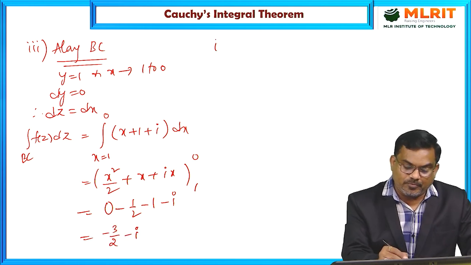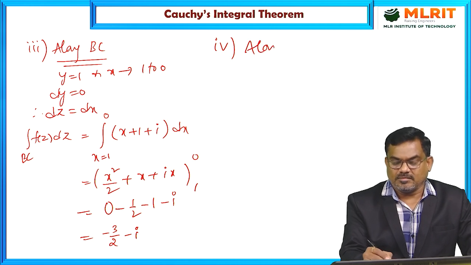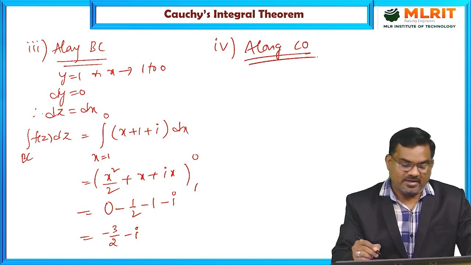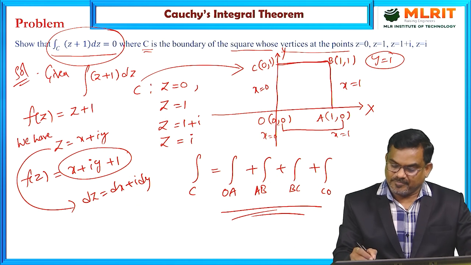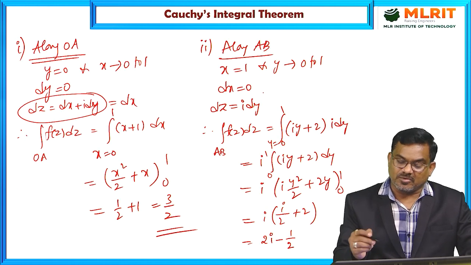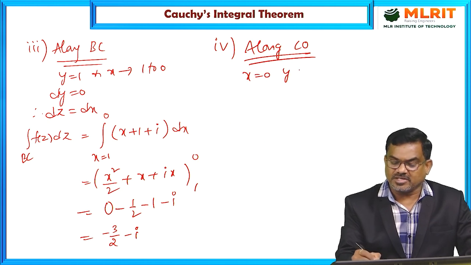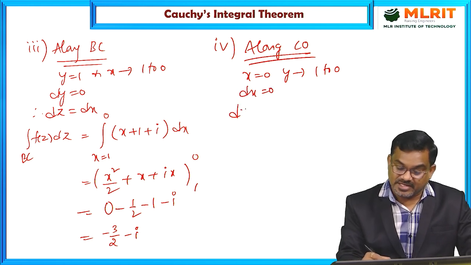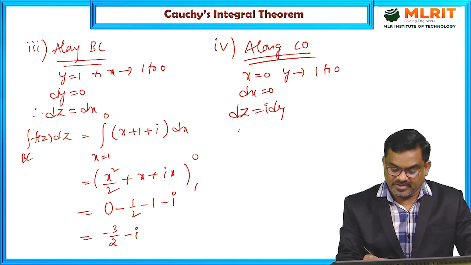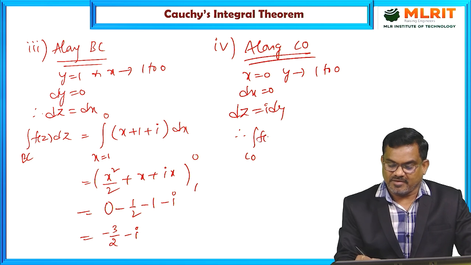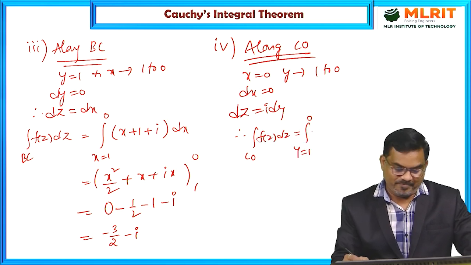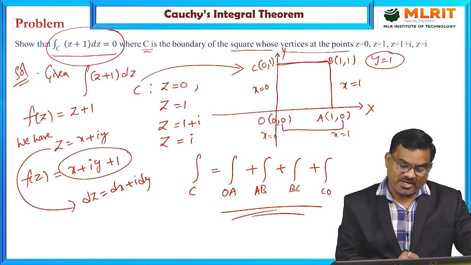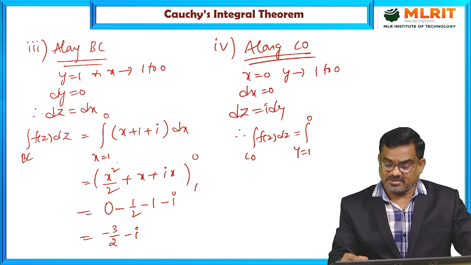Now, coming to the fourth side along CO. Here, along CO, the value of x is 0 and y changes from 1 to 0. If x is 0, dx is 0, then dz will be i dy. Therefore, along CO, f of z dz is equal to integral over y from 1 to 0. What is f of z? Here x is 0, so iy plus 1 remains, (iy plus 1) into i dy.